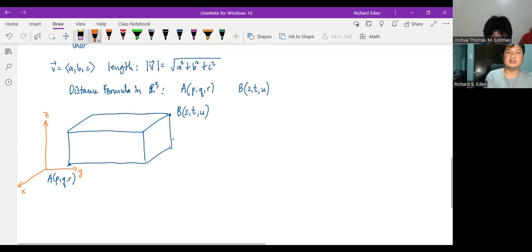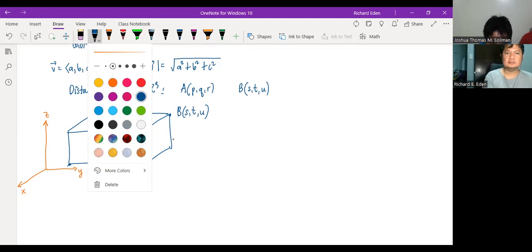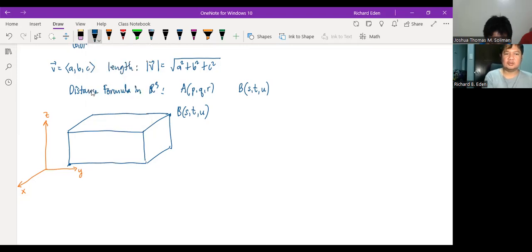Then let me move A. Okay, A has coordinates P, Q, R.